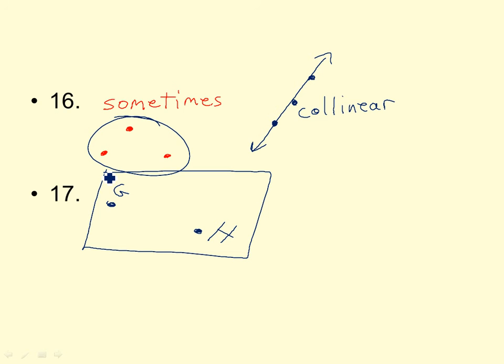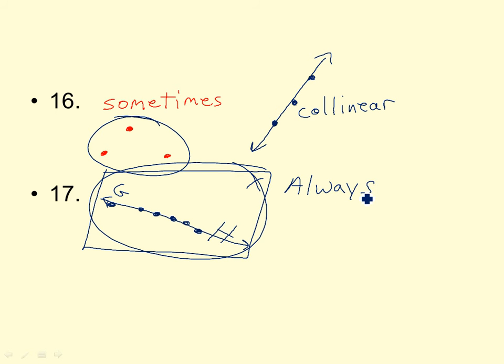Any point collinear to G and H is in plane X. Well, if we connected those and made a line, any point that falls anywhere on that line is going to be in plane X. So that's always. So the answer to that one should have been always.